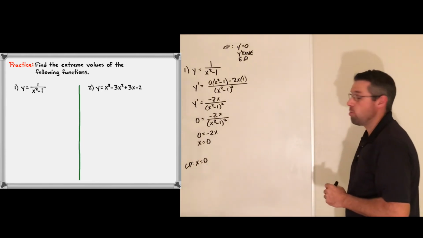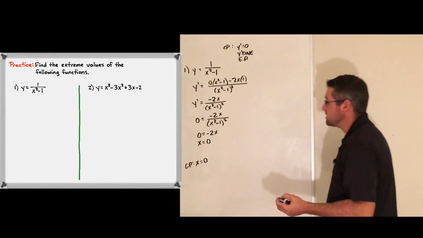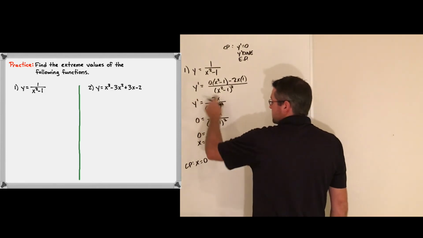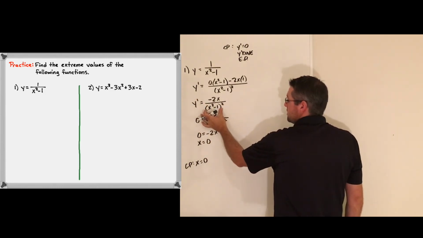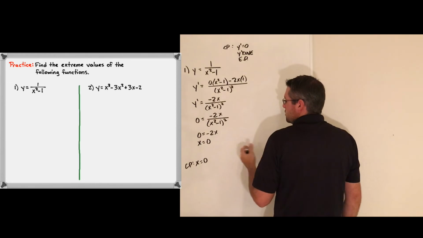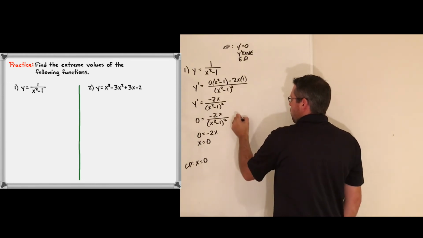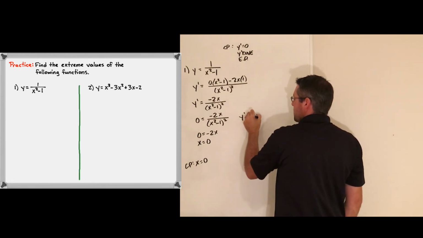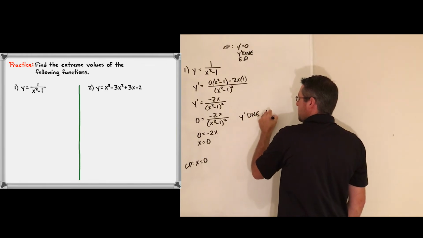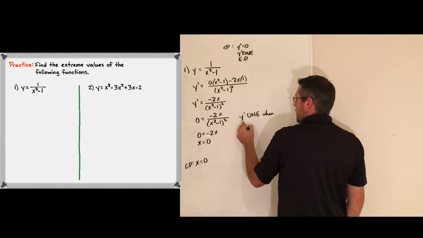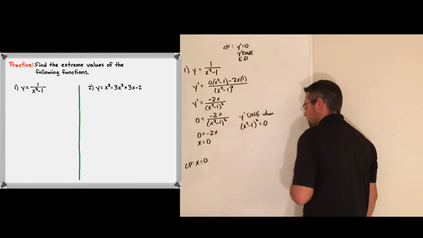The next type of critical point is when the derivative does not exist. The derivative does not exist when the denominator is equal to 0. So y prime does not exist when x squared minus 1 squared equals 0.